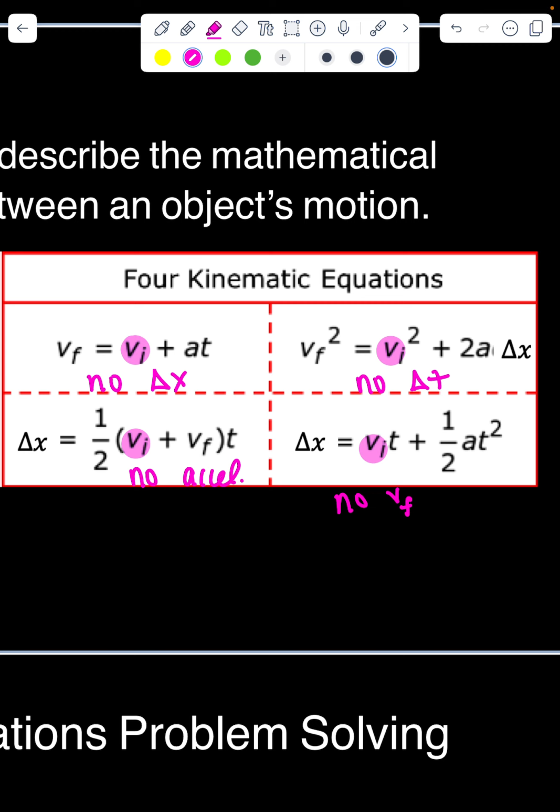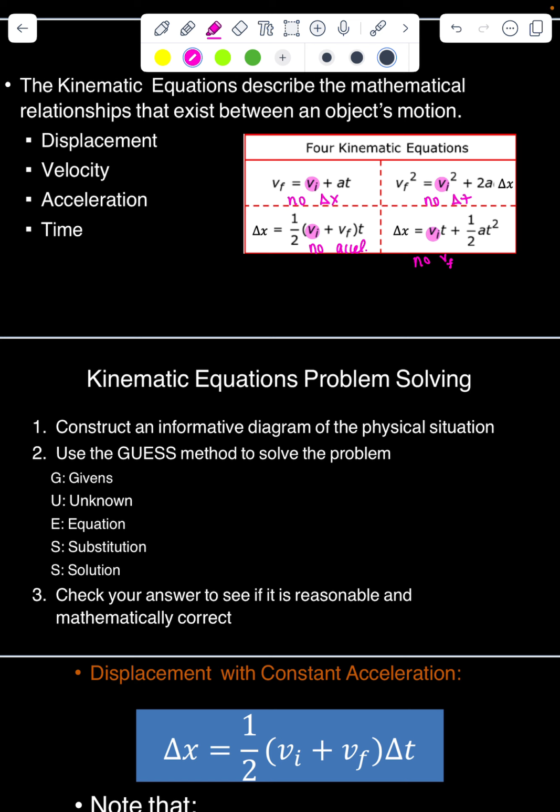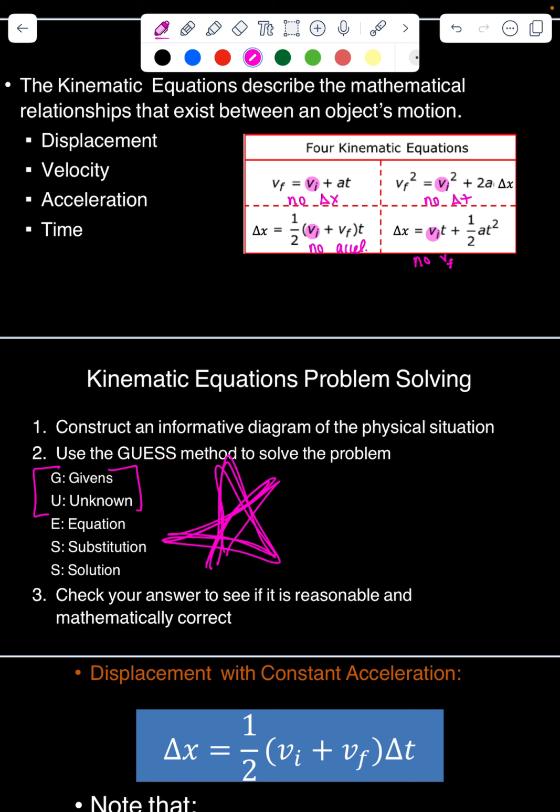We have been preparing you since last year for this time. Because we have 4 different equations, technically 7 if we're including our 3 original ones, that have a lot of the same variables, we have to use our GUESS method, especially for these first 2.